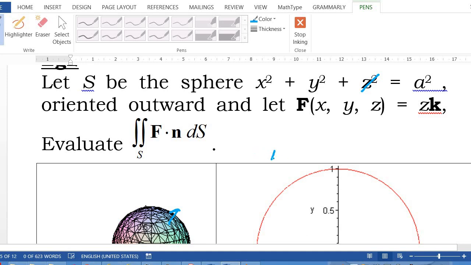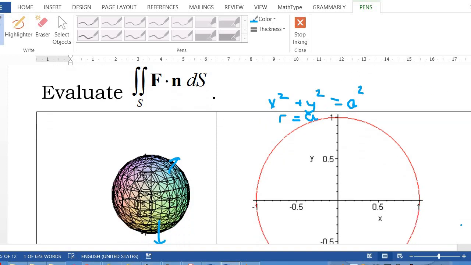So you have the circle x squared plus y squared equals a squared. For the sketching, we cannot put a, so we put 1 unit here. So r is from the origin 0 until the radius of the circle, which is a, and theta from 0 until 2 pi.